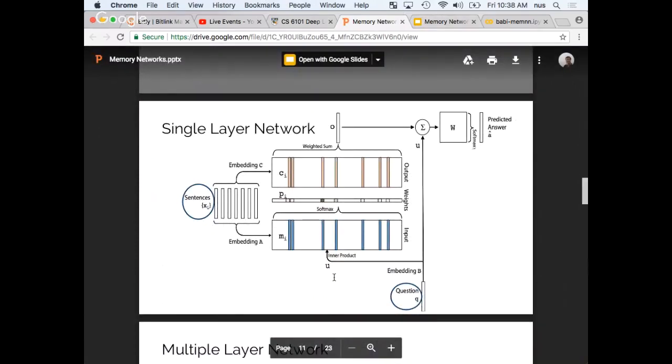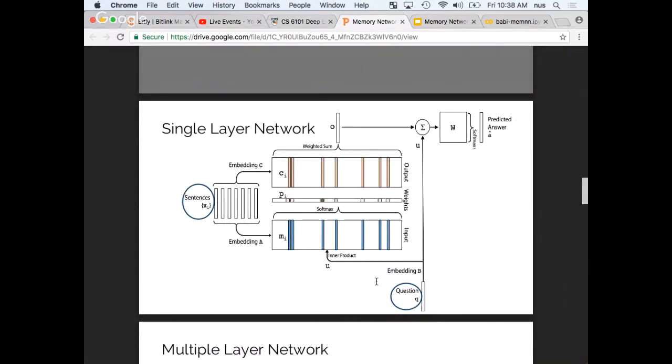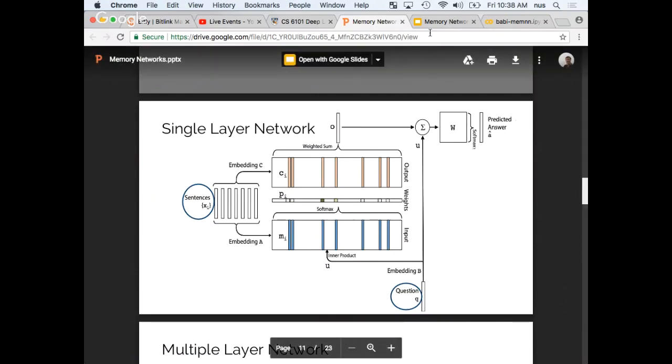We have a question embedding which goes into a memory module, and out of the sentences in the stories that we have, one embedding is passed into the input network, and the other is passed into the output, which are then combined in the end together with the question embedding.